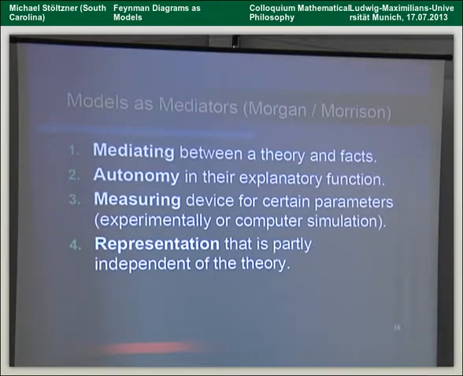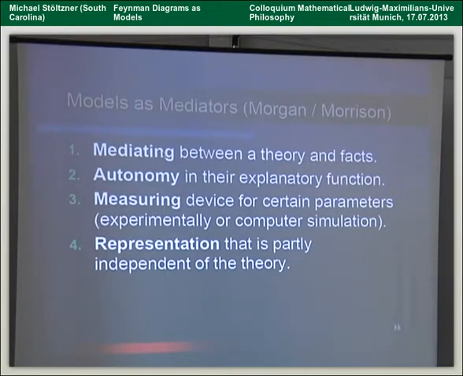This is the models as mediator approach by Mary Morgan and Margie Morrison, which is basically characterized by 4 criteria. First, models mediate between theory, mathematics, and the empirical. They are autonomous in the explanatory function. They are, in a general sense, a measuring device for certain parameters by experimental computer simulation.